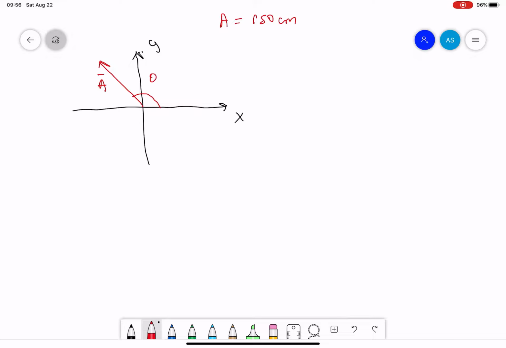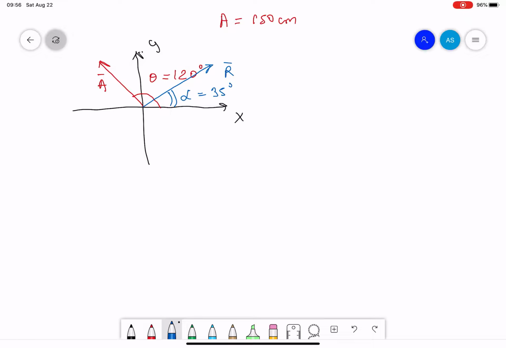Let's call it theta, which is equal to 120 degrees. Then we have a resultant vector which has a magnitude of 140 centimeters and is directed at an angle of 35 degrees. Let's call this one the resultant vector. This resultant vector makes an angle, let's call it alpha, which is equal to 35 degrees.